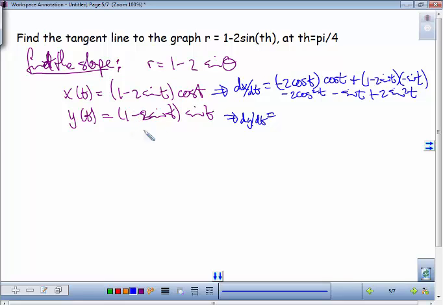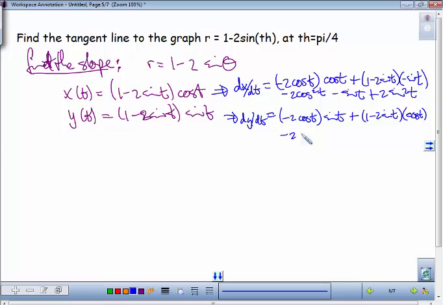Derivative of the first, minus 2 cosine t times the second plus the first times the derivative of the second. This is where you get a negative. Oh, that's just a cosine. And let's see if we can simplify this.